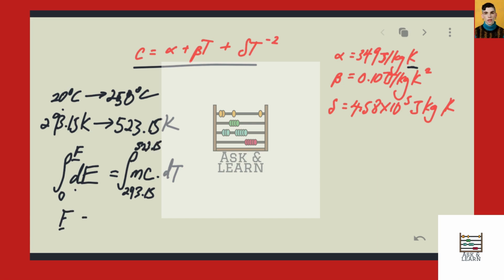So the total energy required is m times the integral of alpha plus beta t plus delta t to the power minus 2 dt.